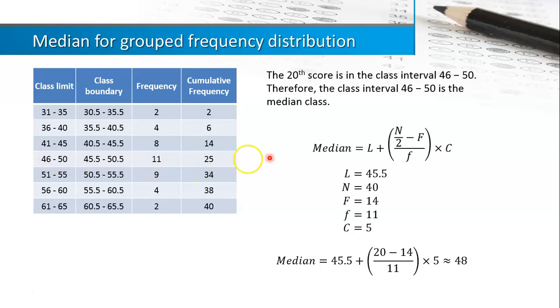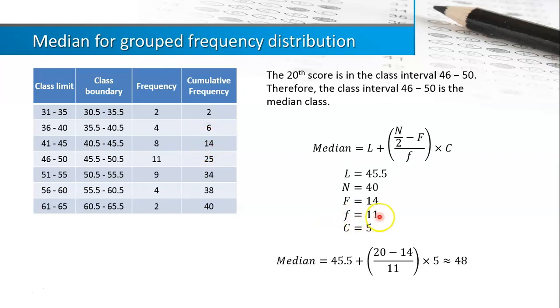So your L, the lower boundary of the median class, is 45.5. You already know N is 40, the total number of samples. Capital F is the cumulative frequency of the class before the median class, which is 14 here.